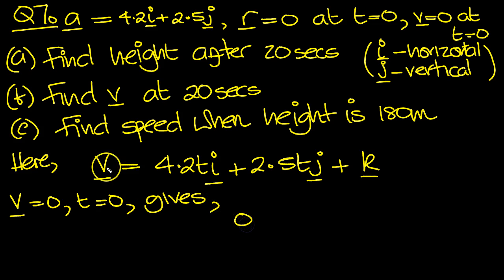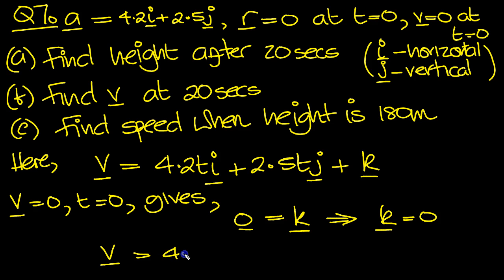It's clear that v is 0 and t is 0, so these both will be 0, and that's plus k, so k equals 0 then. So we get our velocity vector: 4.2ti plus 2.5tj.